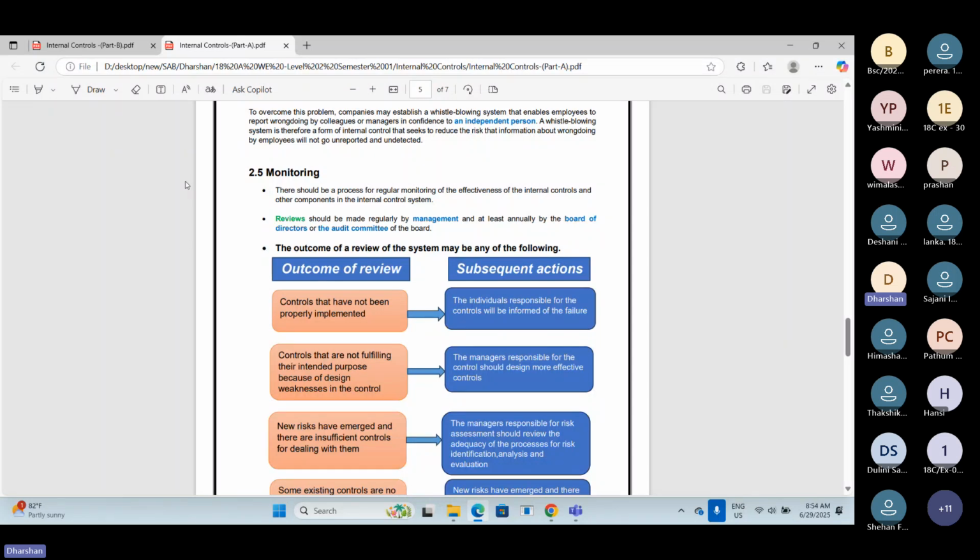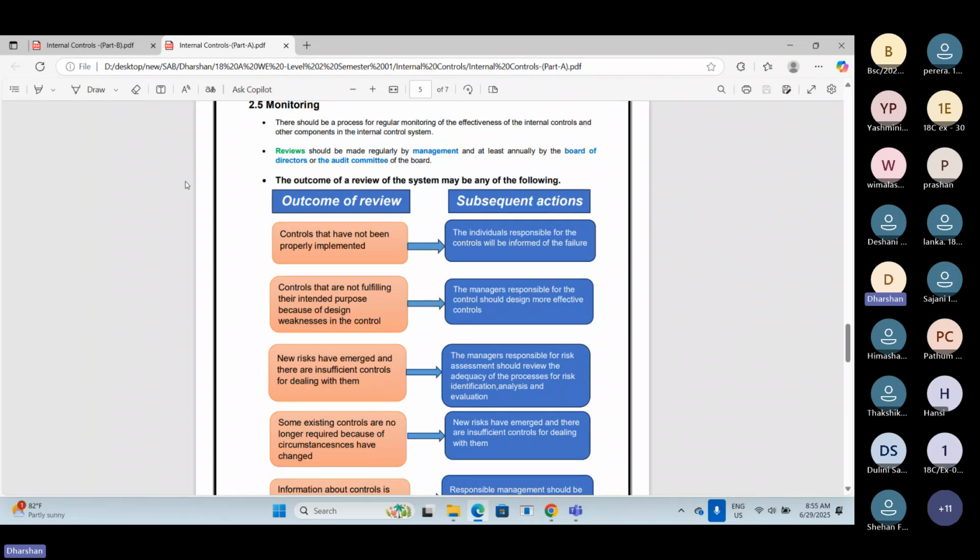The internal auditor will report to management, or sometimes directly to the directors. So, the outcome of review: we discussed it last class. You should remember the outcome of review and the subsequent actions in relation to those review outcomes. This is an important point.